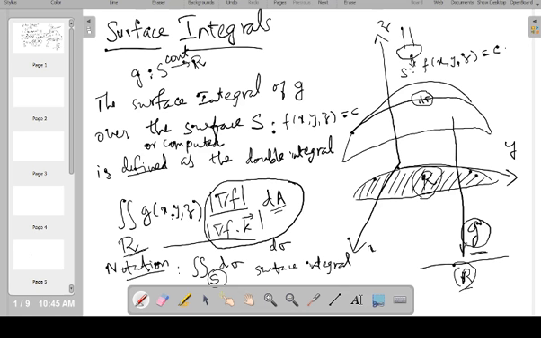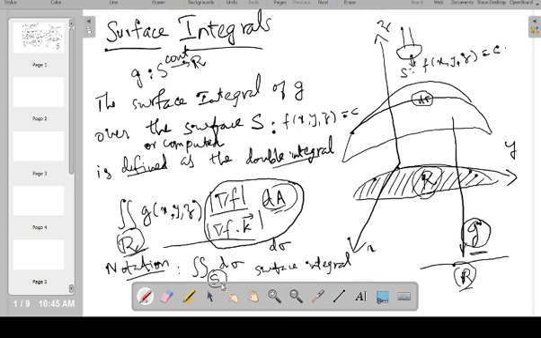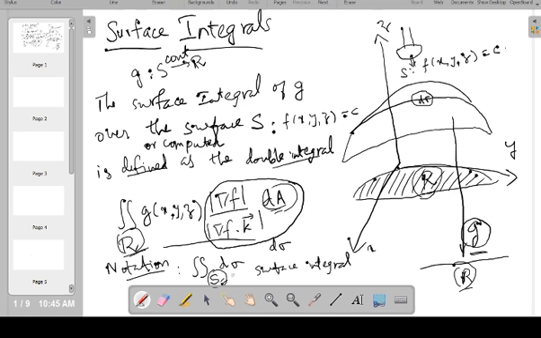When R comes here and dA comes here, then it is a double integral. And when S comes here and d sigma comes here, it is a surface integral. So the surface integral can be computed as a double integral.